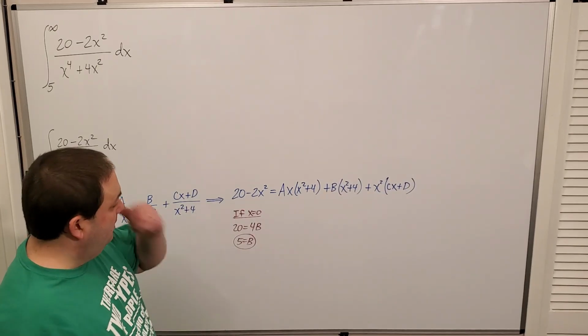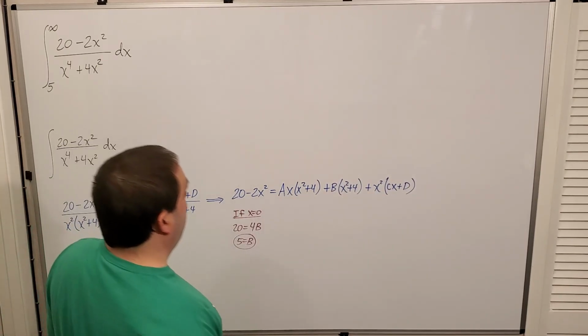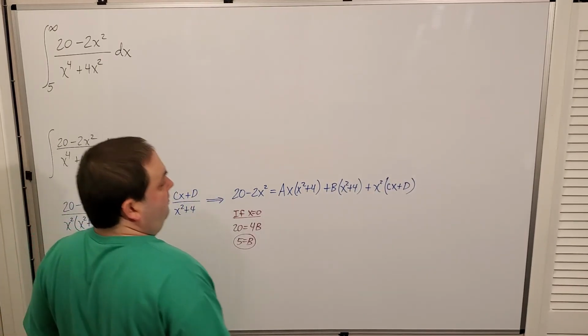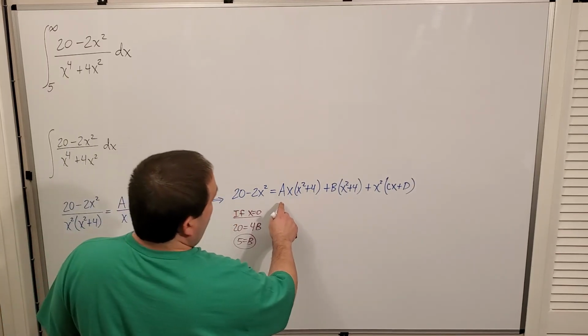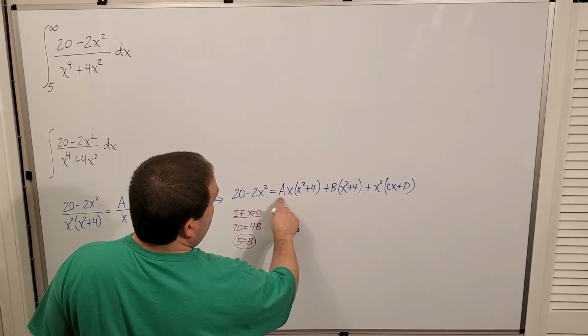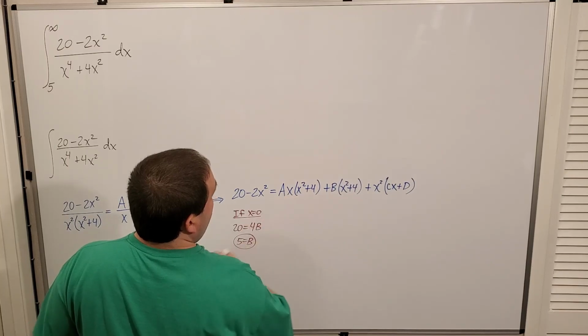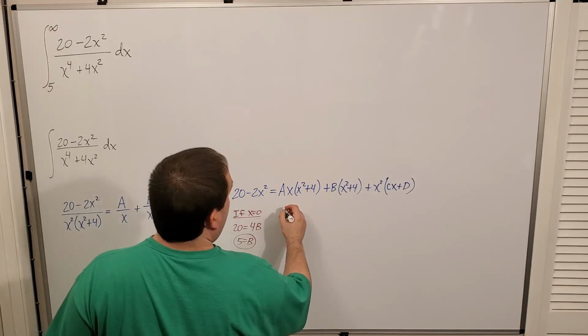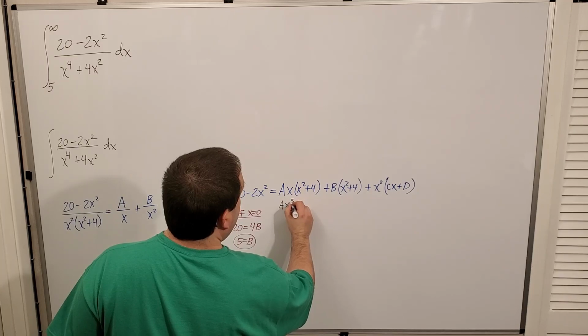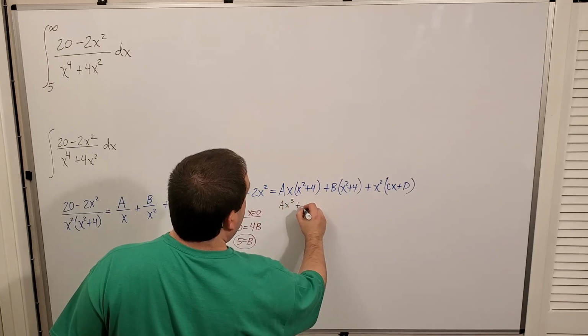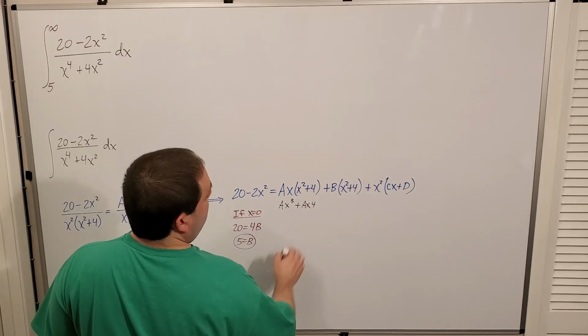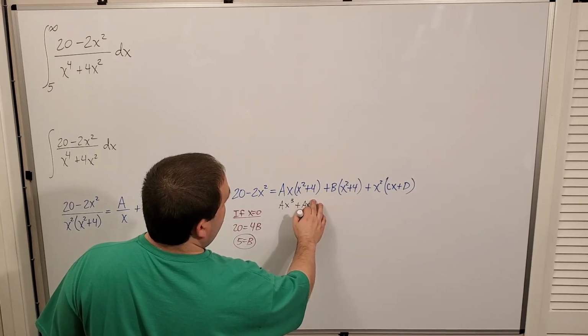Okay, so then next, I'm going to notice a few other things. First off, if I distribute this Ax into here, notice that I would have Ax cubed plus Ax times 4.